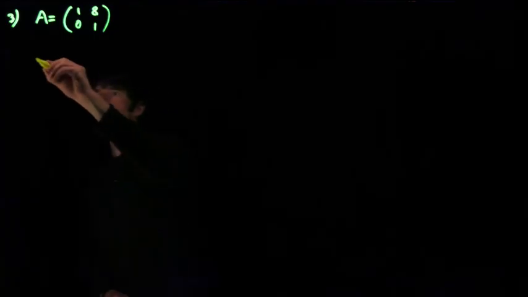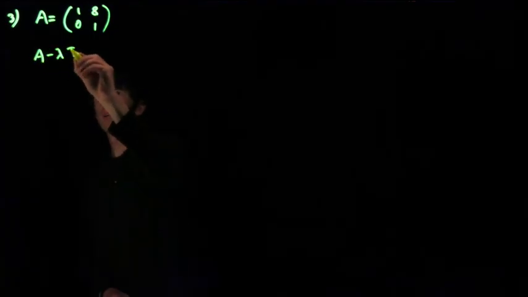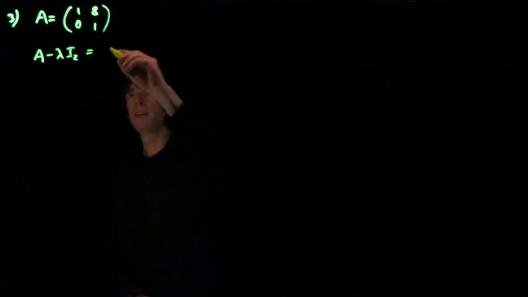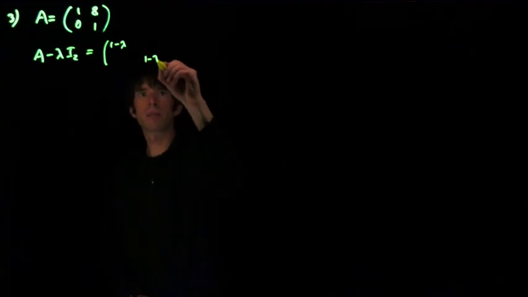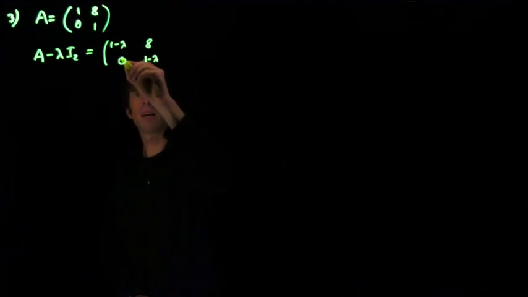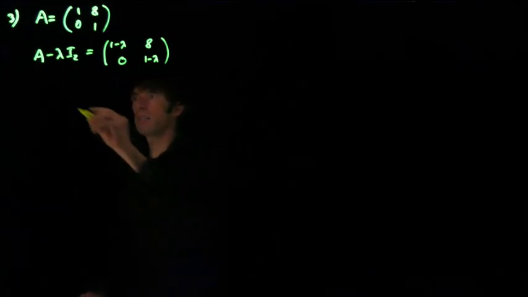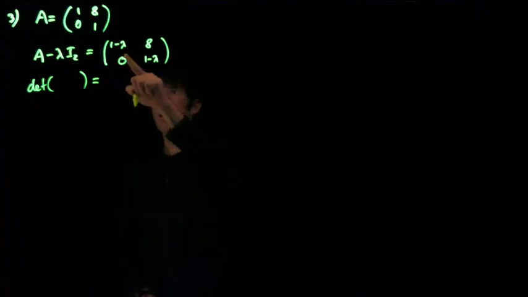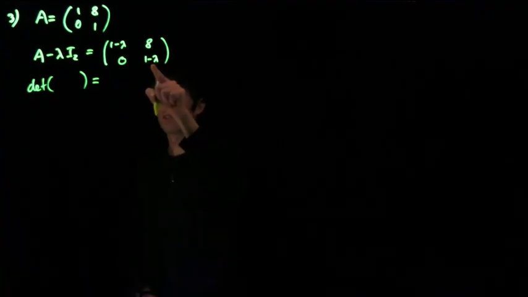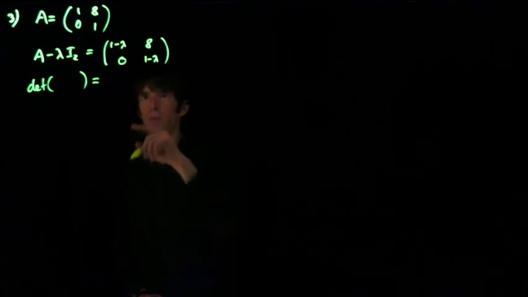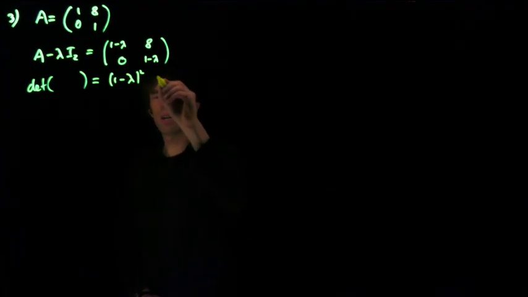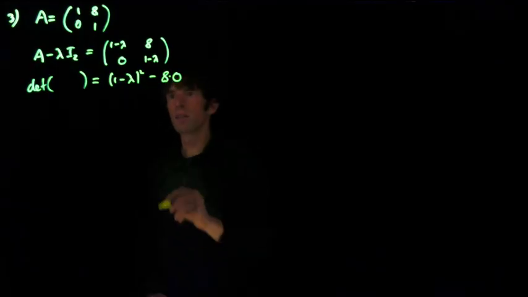Okay, so A minus lambda times the 2 by 2 identity matrix is 1 minus lambda, 8, and 0. And the determinant of this is (1 minus lambda) squared minus 8 times 0. So I just get (1 minus lambda) squared minus 8 times 0.